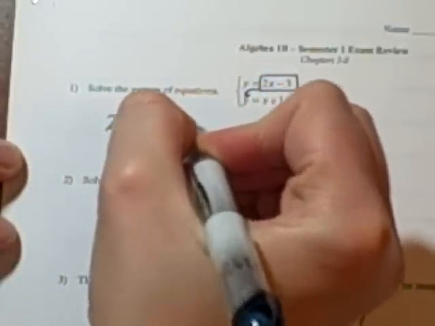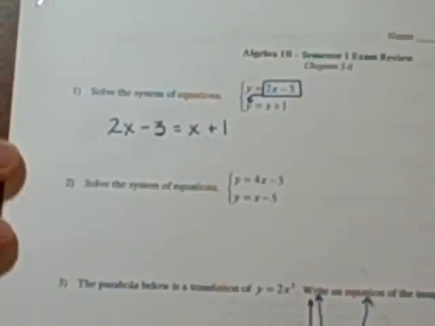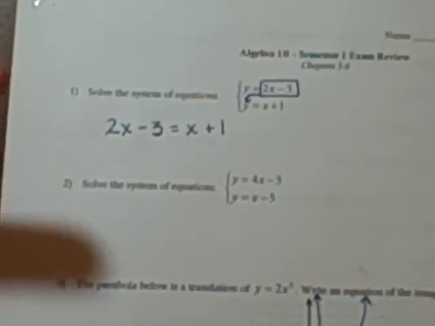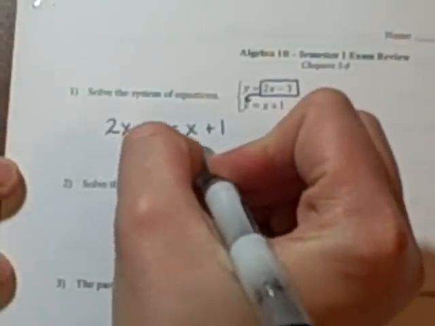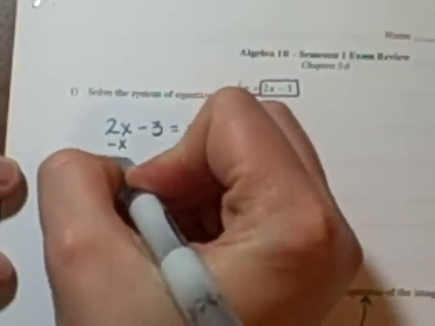Okay? Here's what that will end up looking like. I will end up with 2x minus 3 equal to x plus 1. Okay? So I took what y equaled from the first equation, and I put it in place of y in the second equation. Now I'm just going to solve for x, so I will subtract 1x from each side.